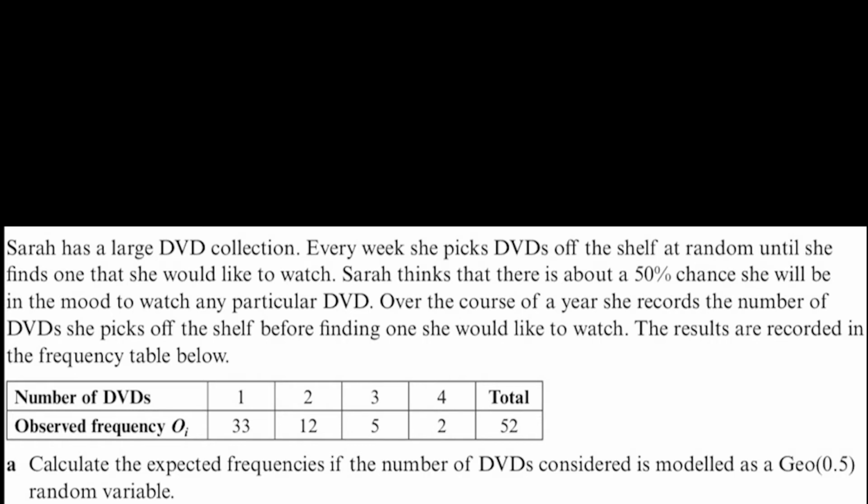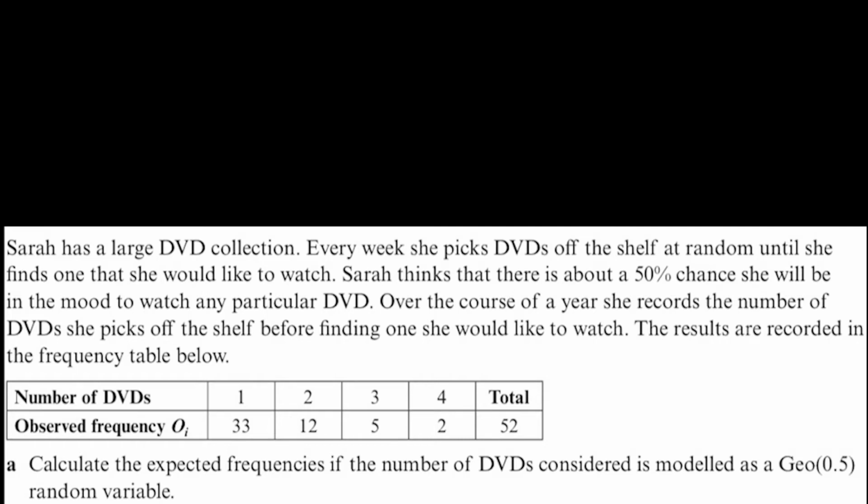She thinks there's about a 50% chance that she'll be in the mood to watch any particular DVD. Over the course of a year, she records the number of DVDs she picks before she picks the one that she wants to watch. So she's just recording how many she needs to go through before she picks one that she wants to watch. The results she records are in the frequency table as seen below.